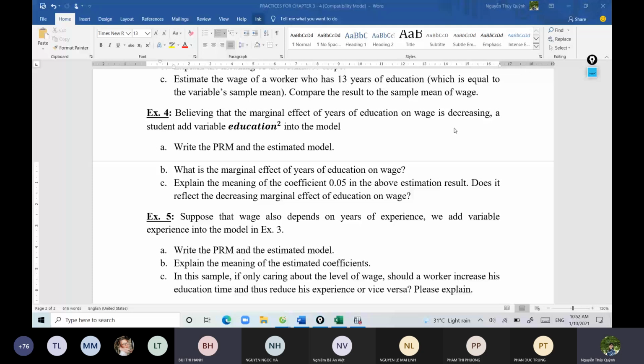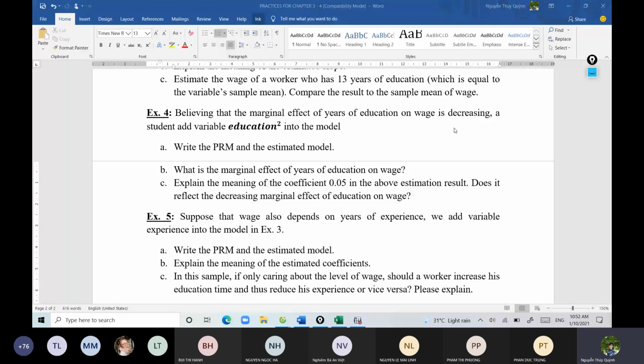No. Because the estimated coefficient on education squared is a positive number, it suggests that the marginal effect of education on wage is increasing as the years of education increase. So it does not suggest decreasing marginal effect of education on wage.